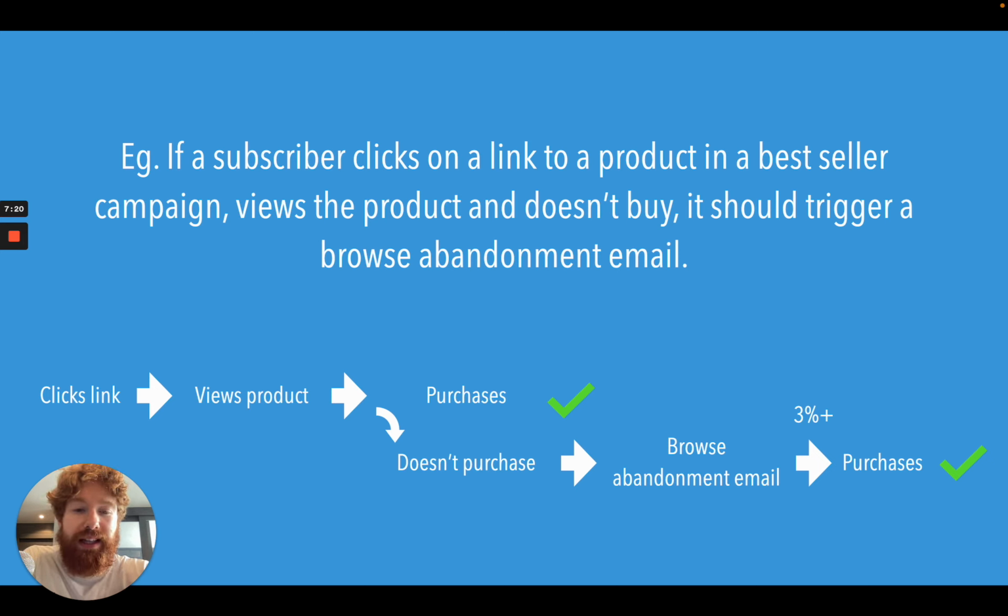And quite frankly, this is just one flow. Bear in mind there are 10 core flows, okay, and this is just one example. If you're sending out campaigns and people add to cart and don't buy, again, an abandoned cart flow would be triggered. But if that isn't in place, then again, none of those things will happen.